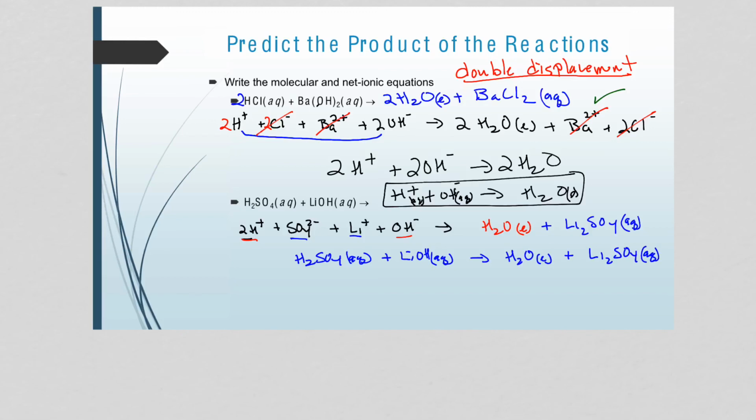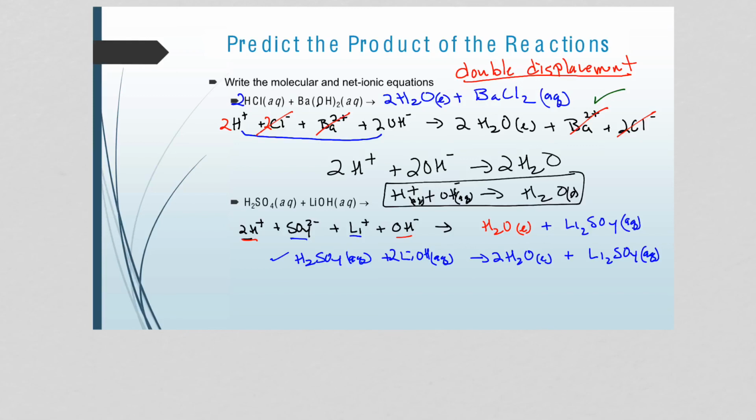Now we have to of course balance this, and we see that the lithium, we have 1 here, 2 here, so we're going to need a 2 in front of the lithium hydroxide. And we can see that we now have 4 hydrogens, so we're going to need a 2 here in front of the water, and that should balance out with my oxygens, my sulfates balanced, so that should be my overall balanced equation. So this is my molecular equation.